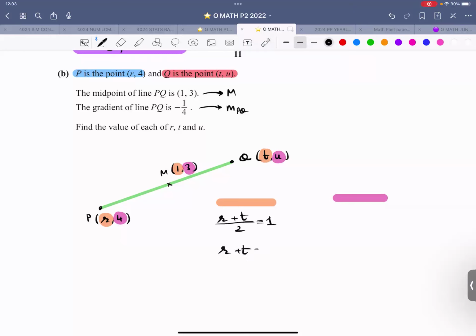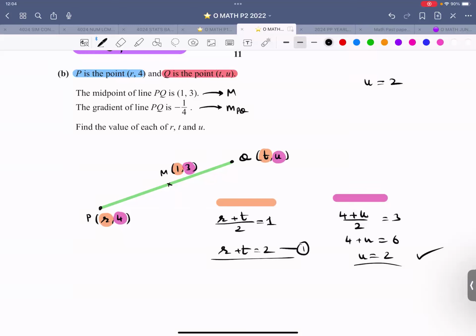Therefore, R plus T equals 2. This is one equation. Similarly, (4 plus U) divided by 2 equals 3. 4 plus U equals 6. U comes out to be 2. So U is found. Let me write over here, U is 2.